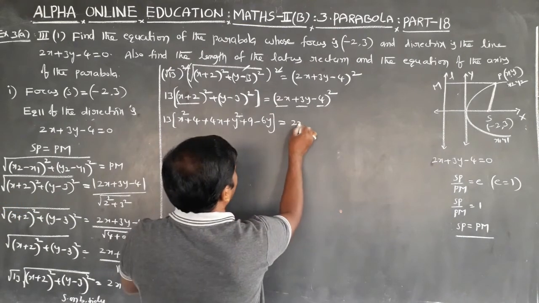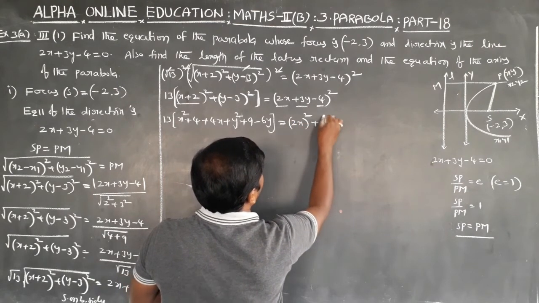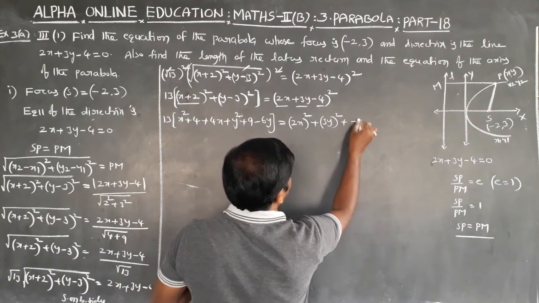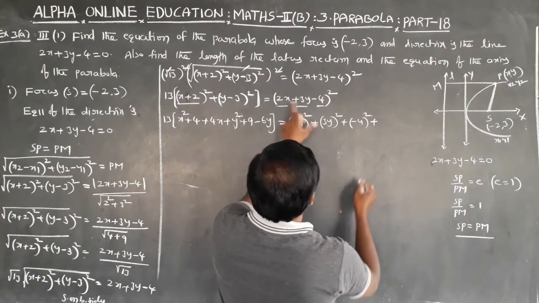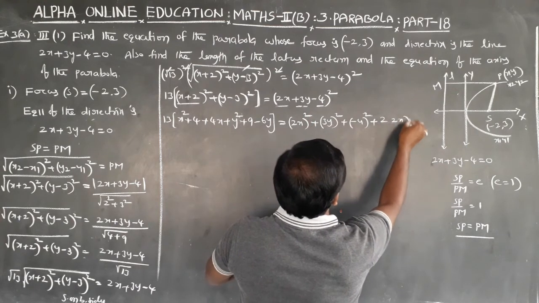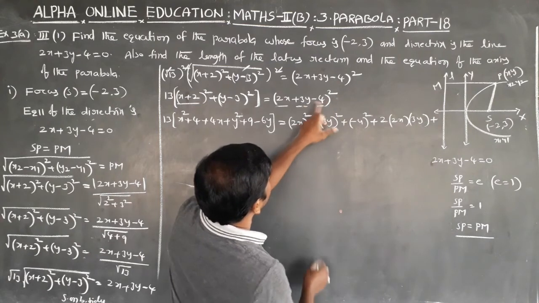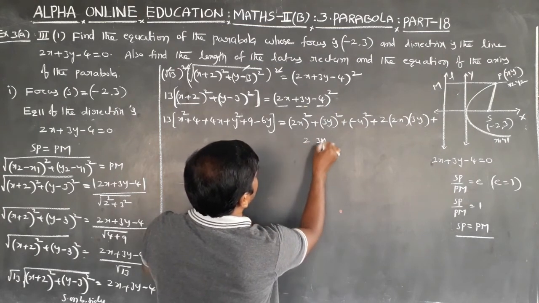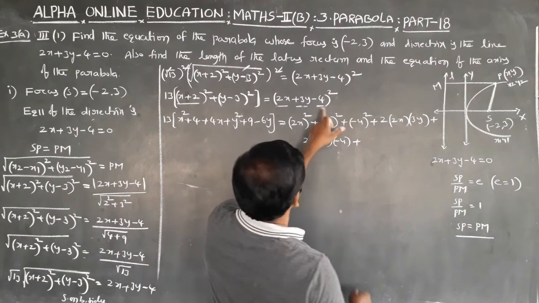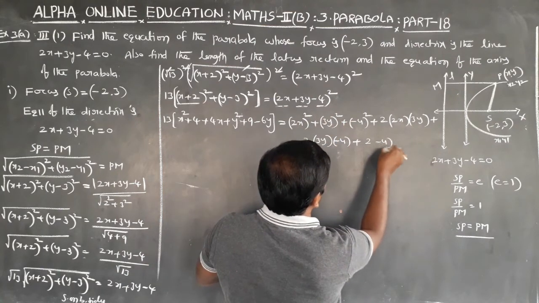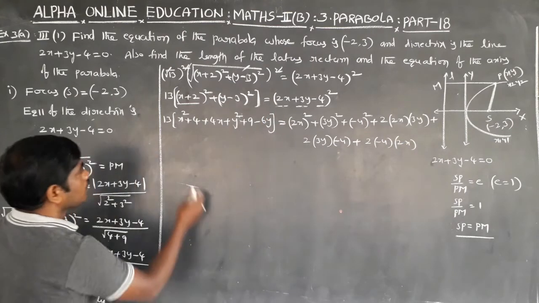So (2x) square plus (3y) square plus (-4) square plus 2 into 2x into 3y plus 2 into 3y into -4 plus 2 into -4 into 2x.